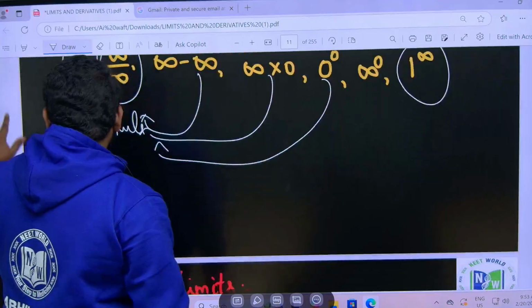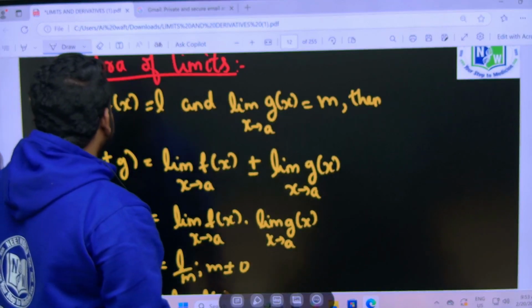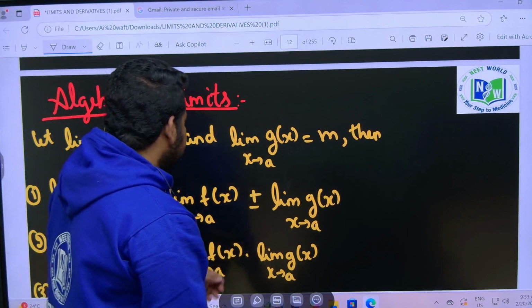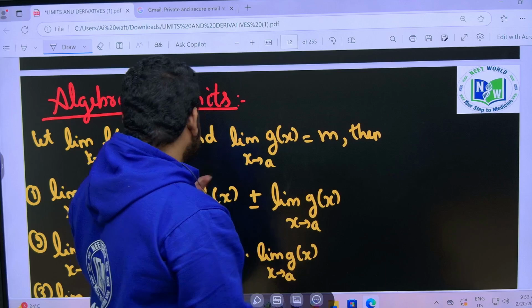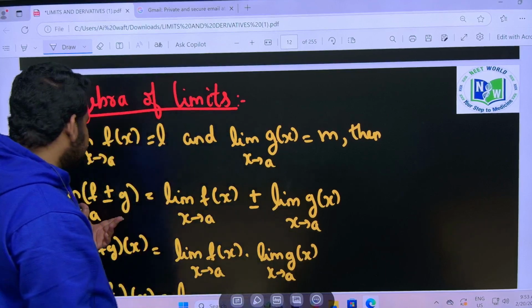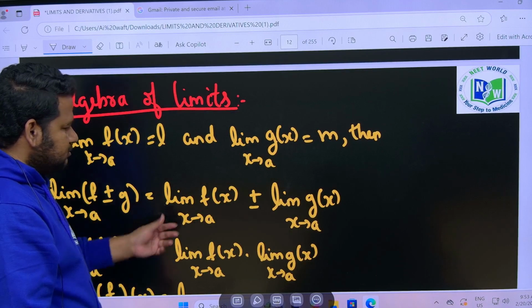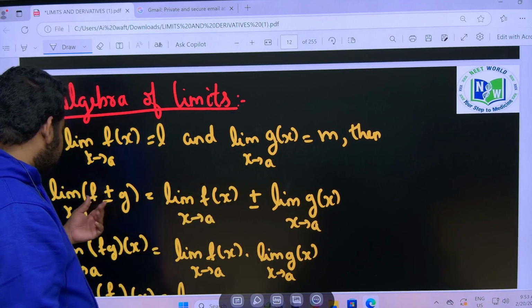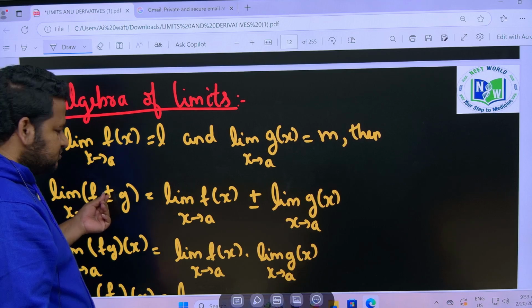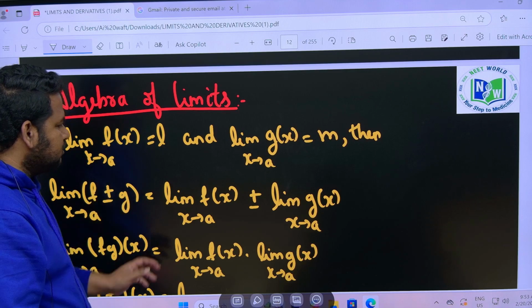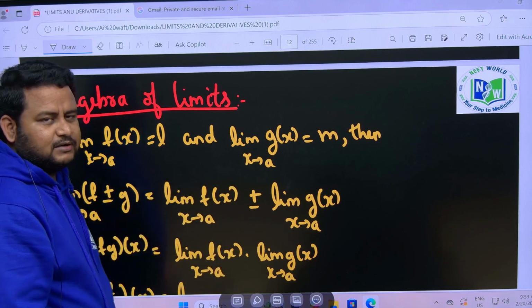Next one. When we talk about algebra of limits, if limit f of x as x tends to a is equal to L, and limit g of x as x tends to a is equal to m, then the limit of the sum or difference of two functions is equal to the sum or difference of their limits.